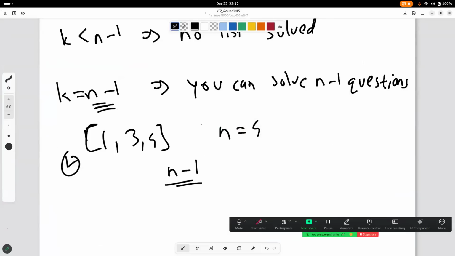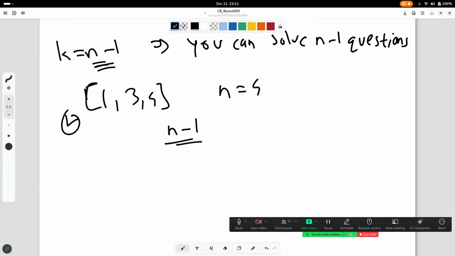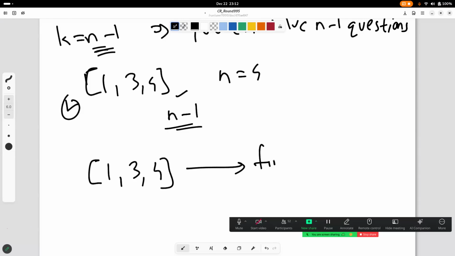What you have to do is just find the number of that list, and you can only solve the list with that number. If there are any other n minus 1 questions other than this list, then you won't be able to solve them. So if you could solve exactly n minus 1 questions, say 1, 3, and 4, what you have to do is find the missing question, because there are n questions and you could solve n minus 1 questions.